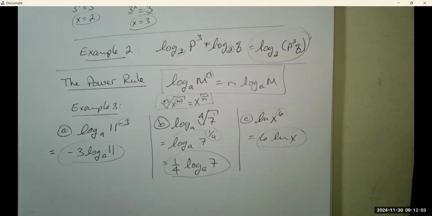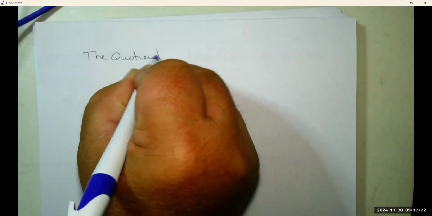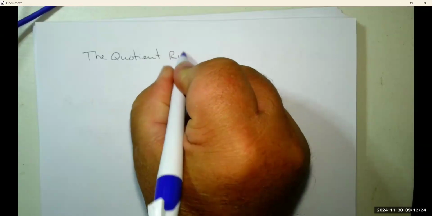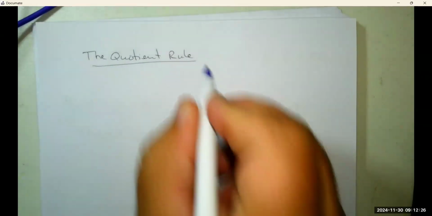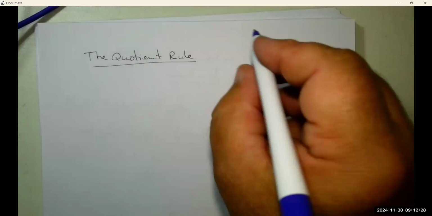All right. Let's look at the next property. Since we did the power rule and the product rule, let's go backward. Let's do the quotient, the fraction. The quotient rule says this.